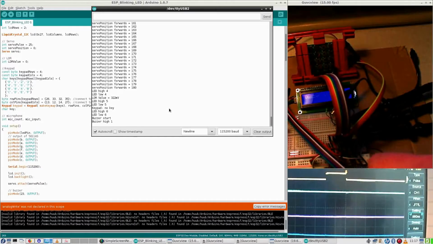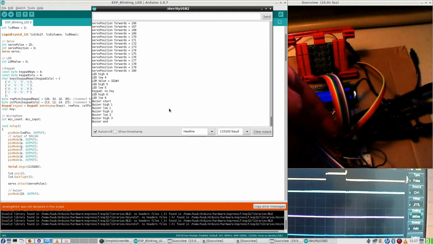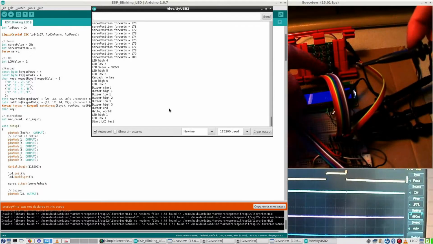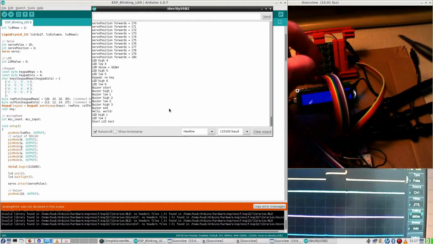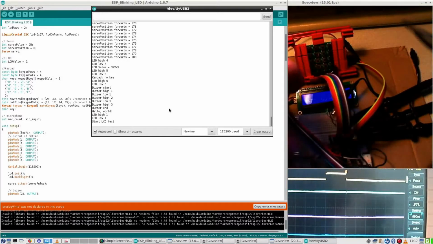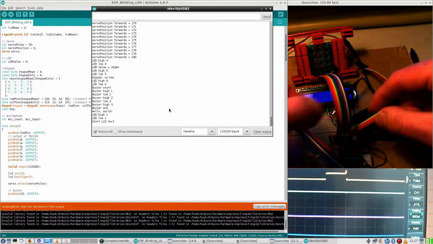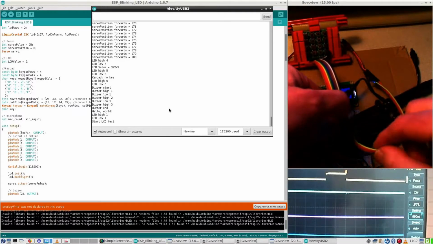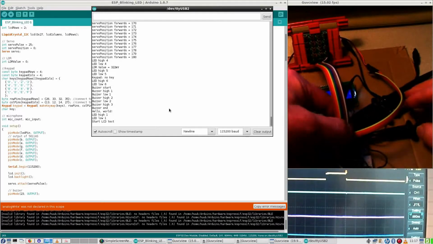And let me take the probe from the buzzer because that is working. And column 1, row 4, which is the gray one. And now I have to be very careful which one to point at.